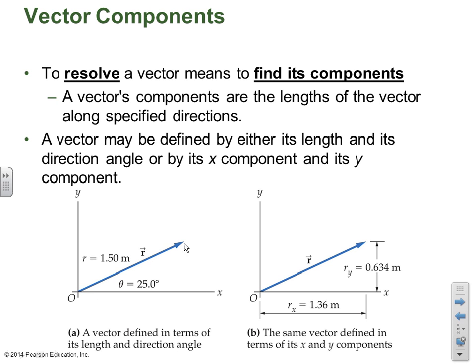Regardless of whether you talk about just the straight vector from start to finish, or whether you talk about the individual components, you will end up in the same spot. Either one of them is appropriate for describing the vector. It's just a matter of how we describe it.